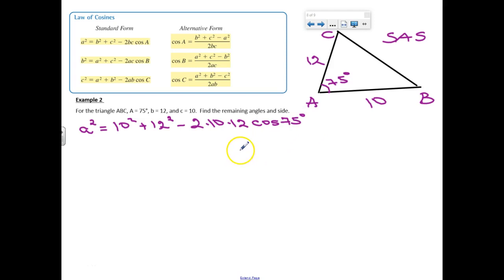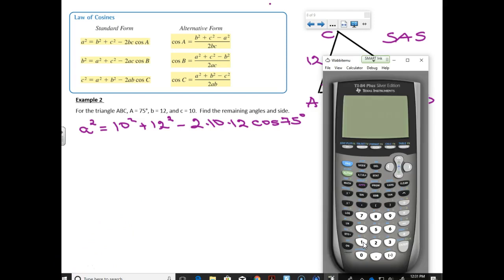We can calculate this. I'm going to start my calculator here in just a second. Okay, so let's go ahead and put that in the calculator. 12 squared plus 10 squared minus 2 times 12 times 10 times the cosine of 75.